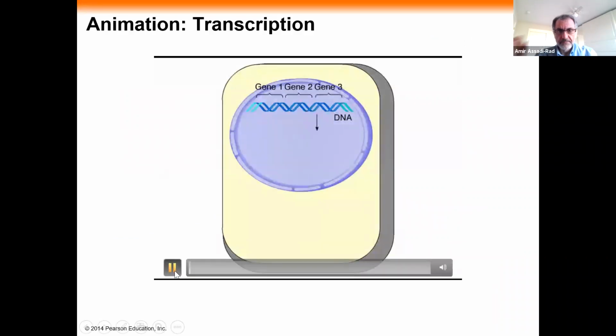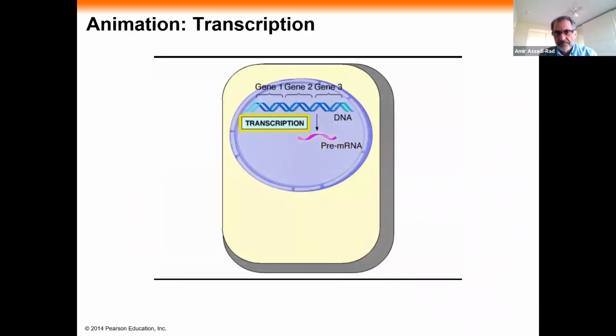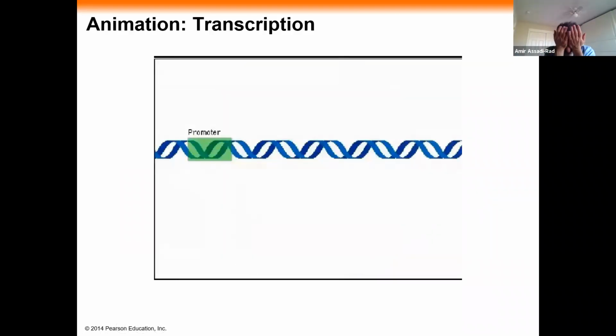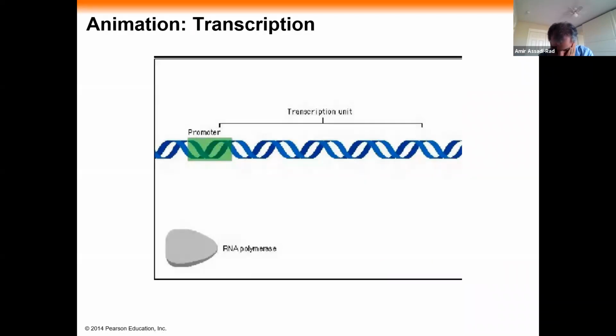Yes, let's do it. The first step in protein synthesis is transcription of RNA from DNA. The portion of the DNA that is transcribed into an RNA molecule is called a transcription unit. An enzyme called RNA polymerase carries out transcription.